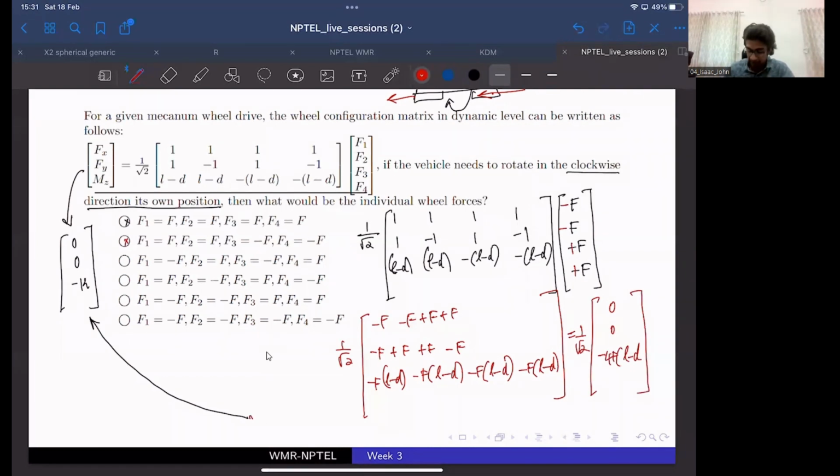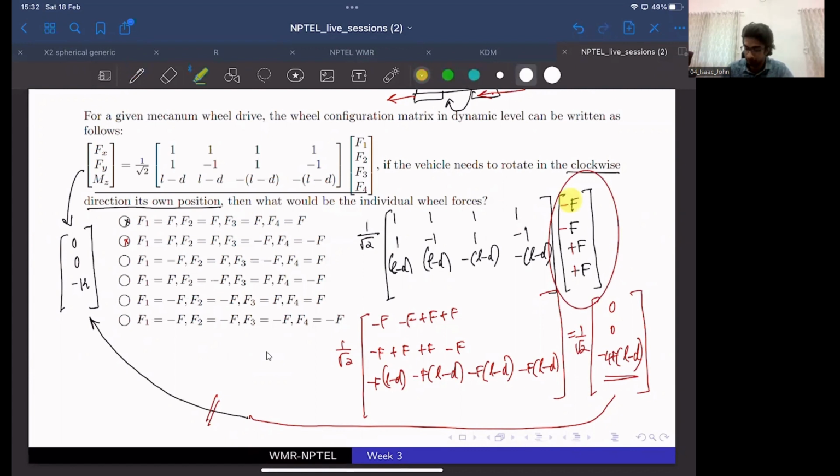So again, this is exactly how we want it. We would want a negative constant along the third component. This is exactly as per our requirement. So this option corresponds to the answer that we are looking for: first two forces being negative and the third and fourth forces being positive. So which option corresponds to this answer?